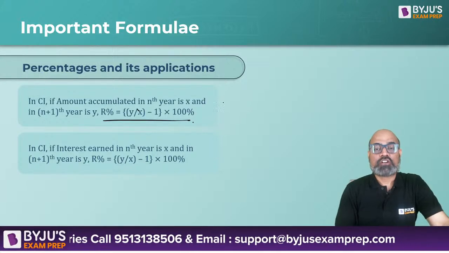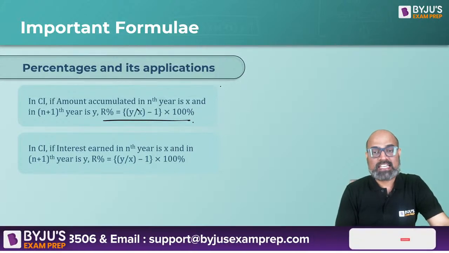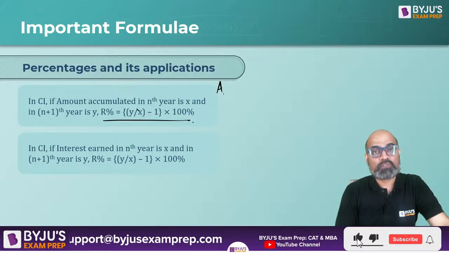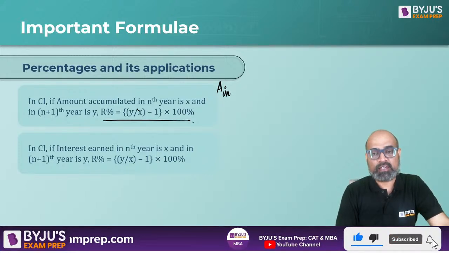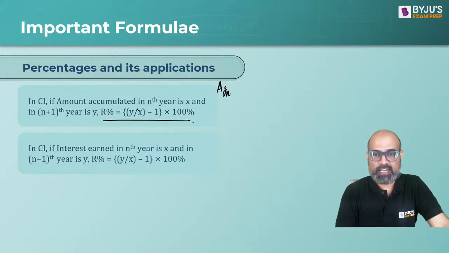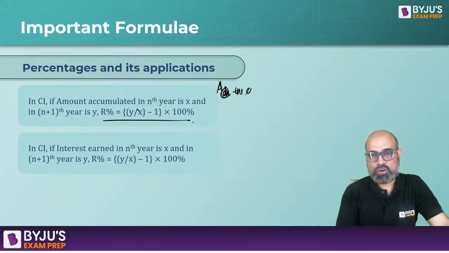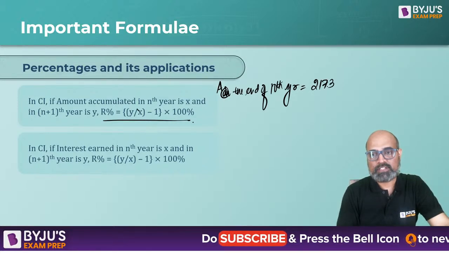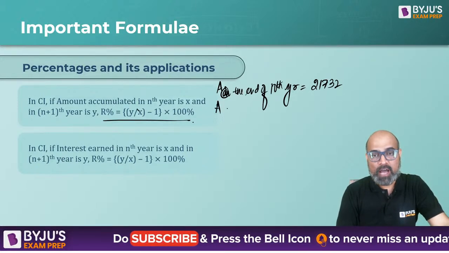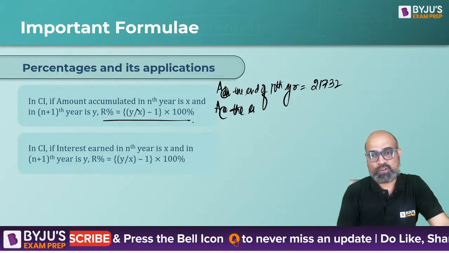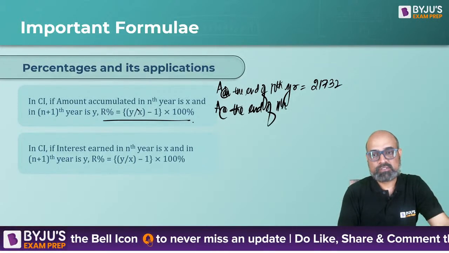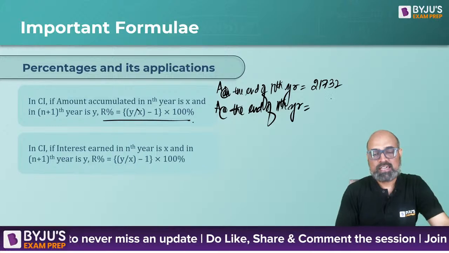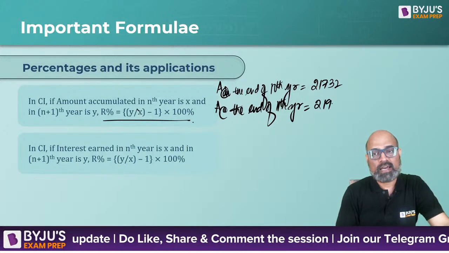Suppose the amount at the end of the 10th year is 21732 and the amount at the end of the 11th year, consecutive years, is let's say 21916.